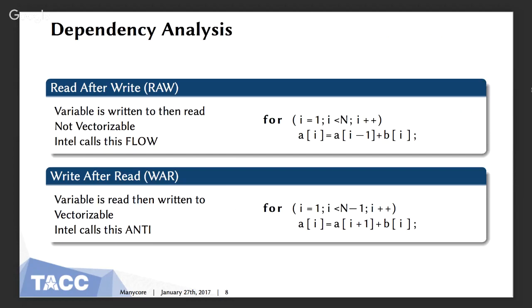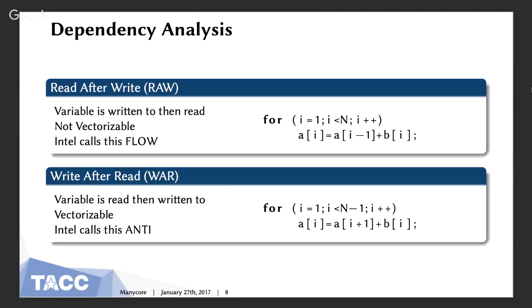I'll show you a short example of what happens if you were to vectorize this code. This for loop that I showed here is an example of a read after write dependency. In the first iteration, A of I is being written to, and then in the very next iteration, that particular data element needs to be read from. So they're dependent on each other. Each iteration is dependent on the next.